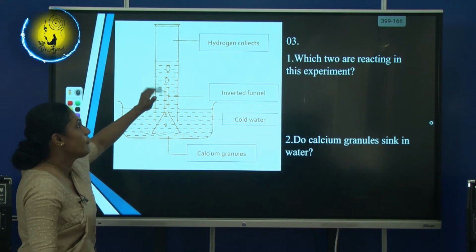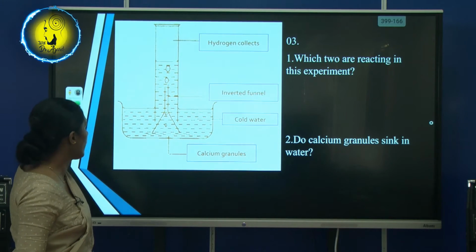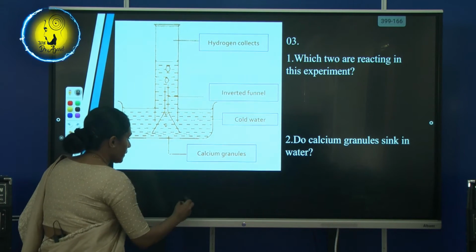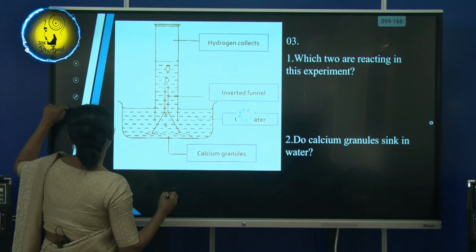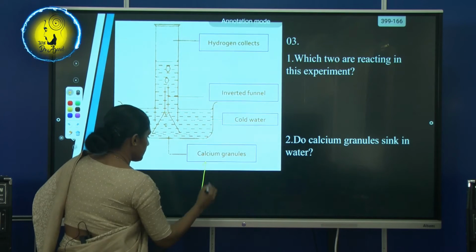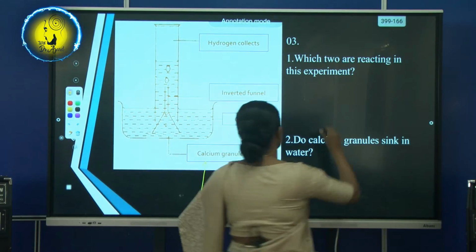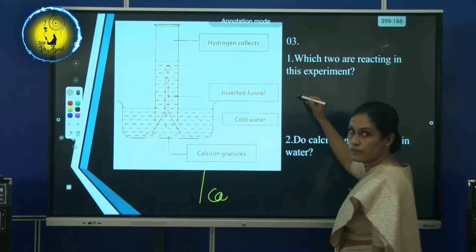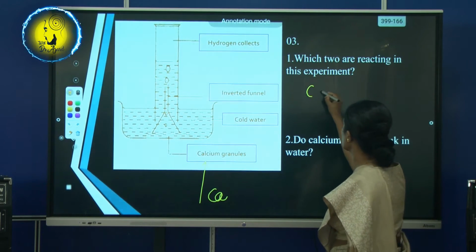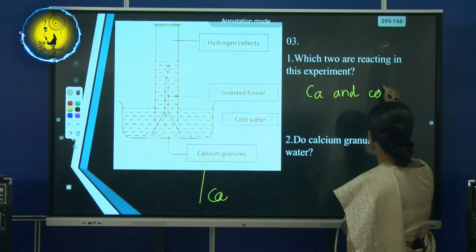Okay, the next part of this, another diagram, which two are reacting in this experiment? Which two are reacting? As you see, calcium and what? Cold water. So which two parts? You can write in letters, or you can use the formula, calcium and cold water.